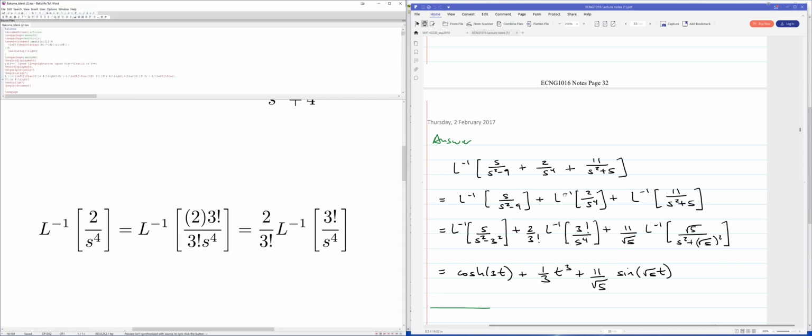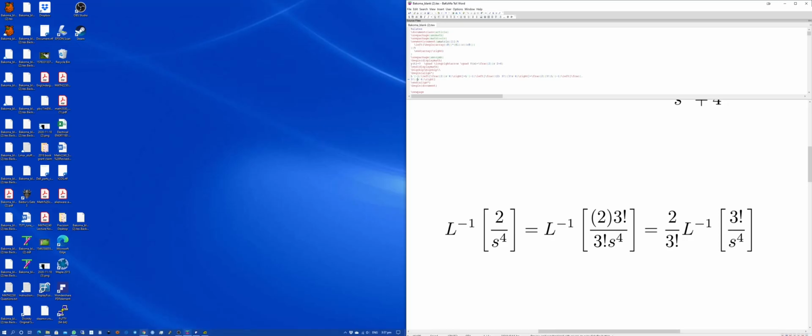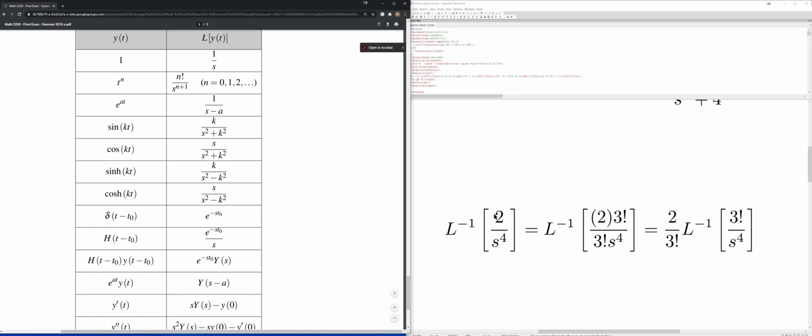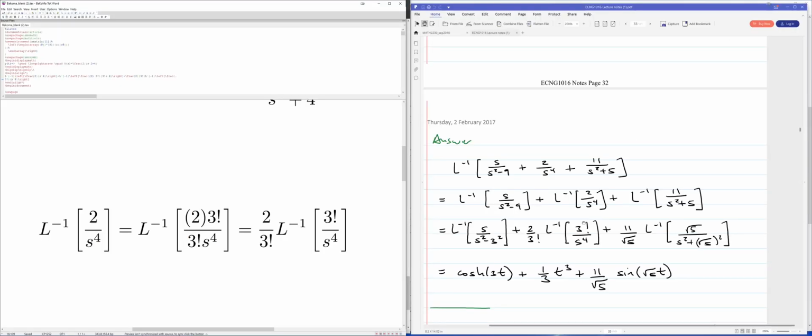Looking at this Laplace inverse of 2 on s to the fourth, I'm going to use this formula for the Laplace of t to the n. The fact that I have s to the 4 means I'm going to use small n equal to 3. So 3 plus 1 is 4, which means I'd want a 3 factorial on top. But what I have is 2 on s to the fourth.